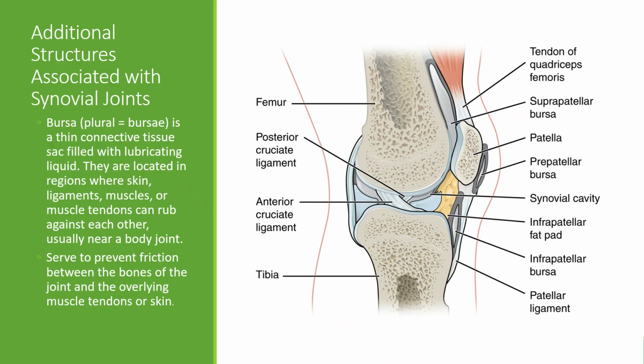They're usually named according to their location. There's a suprapatellar bursa as well, and you can see them outlined in dark blue. So they're pretty consistent. They're not just randomly anywhere in the joint. They have their places where they would typically be found.